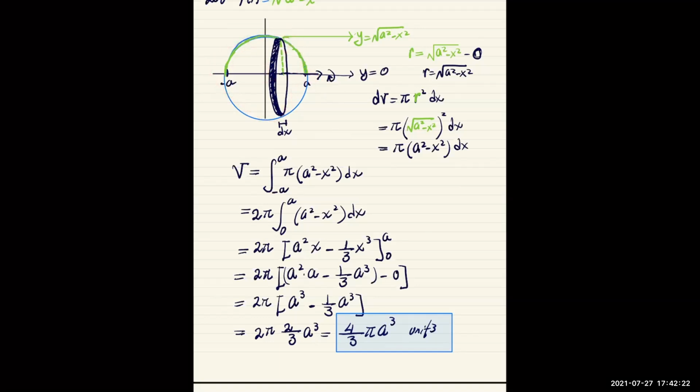And that's what the 2 is for. So do the volume from 0 to a. So this would be a hemisphere.